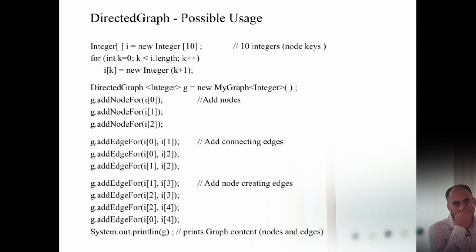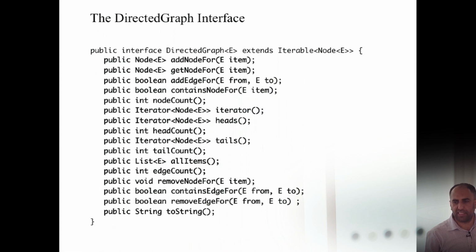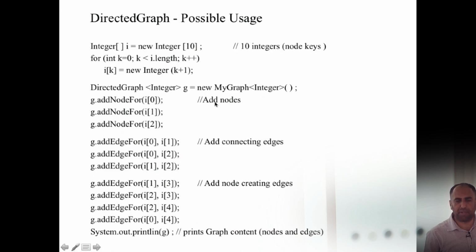And here is sample code showing how your implementation can be used. We have already given the naming instruction that the class that implements this directed graph interface should be named something like my graph.